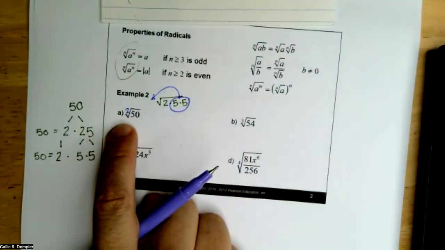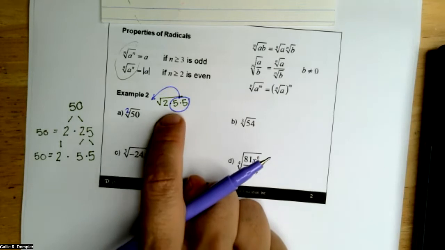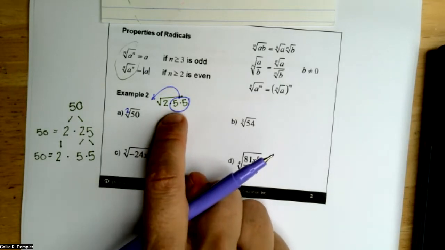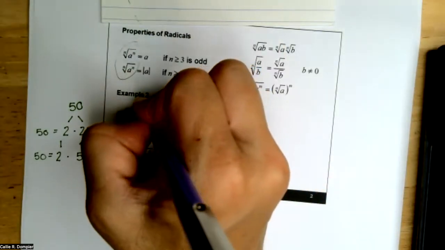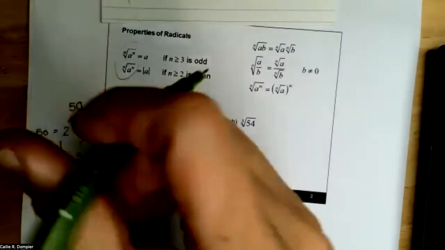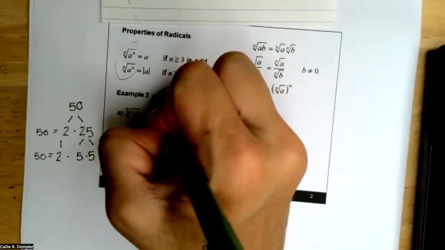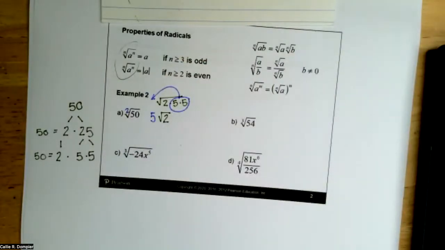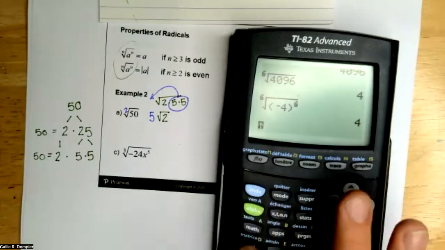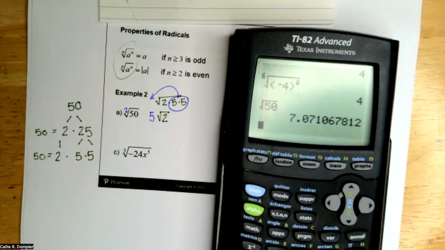So the square root of 50 is the same as the square root of 2 times 5 times 5, and the square root of 5 times 5 is 5. And you can check that. The square root of 50 is the same as 5 square root 2.